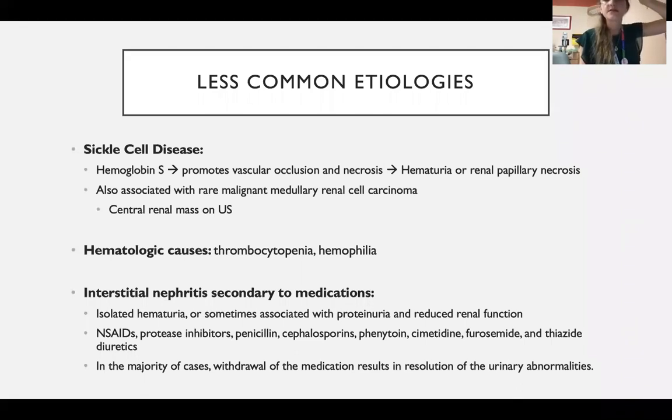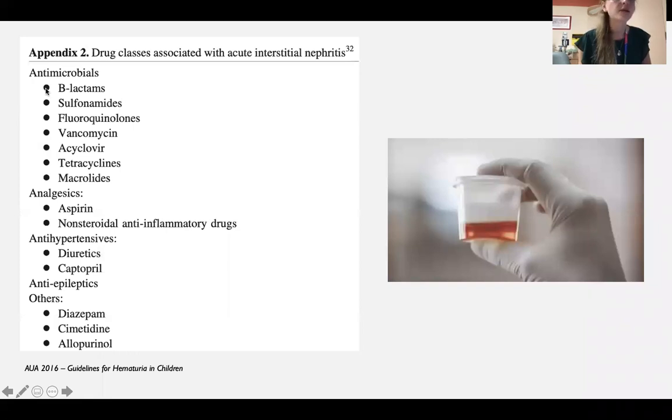NSAIDs, protease inhibitors, penicillin, cephalosporin, phenytoin, cimetidine, etc., have been reported to cause interstitial nephritis. And in the majority of the cases, withdrawal of the medication results in resolution of the urinary abnormalities. This is a table obtained from the AUA guidelines on pediatric hematuria, mentioning some of the drugs that are associated with acute interstitial nephritis.